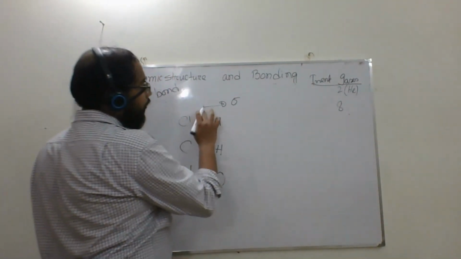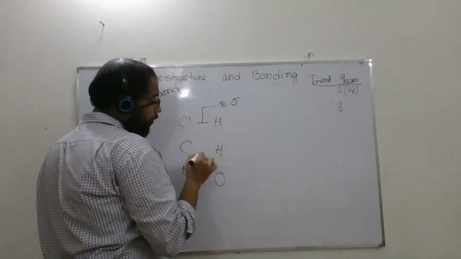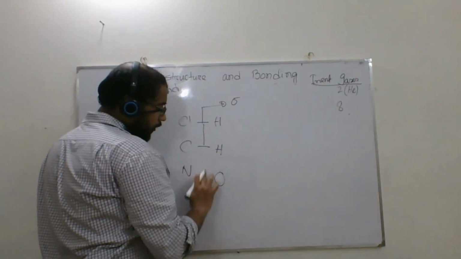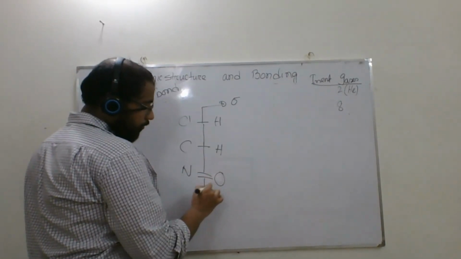How? Chlorine bonded with one bond, then it is a sigma bond. Carbon bonded with hydrogen by one bond, it is also a sigma bond. Nitrogen bonded with oxygen with two bonds, then one is sigma and another one is pi.